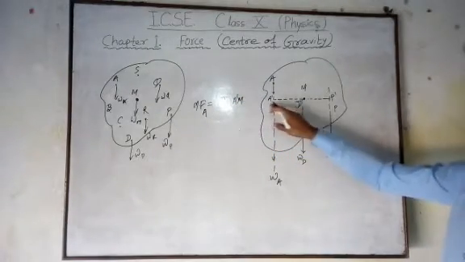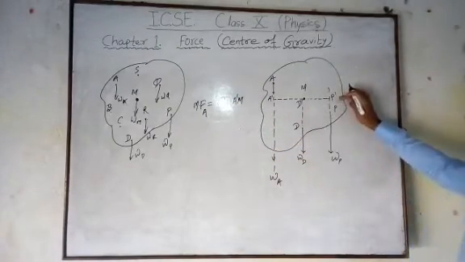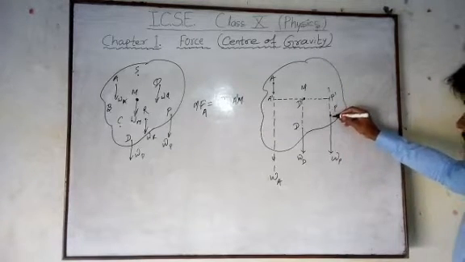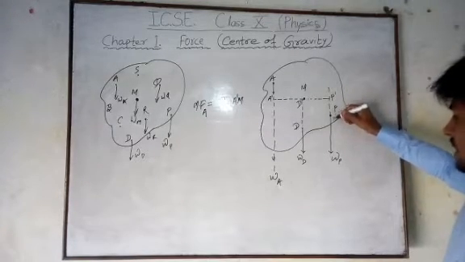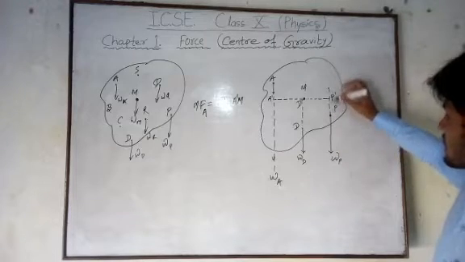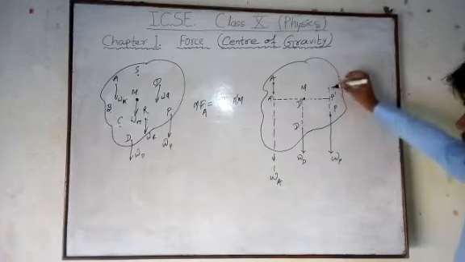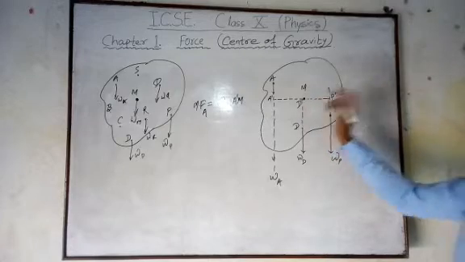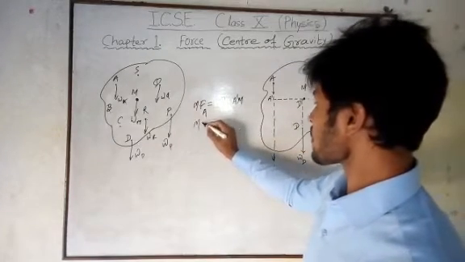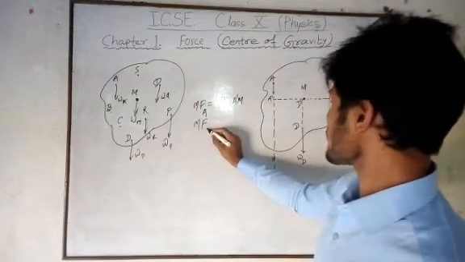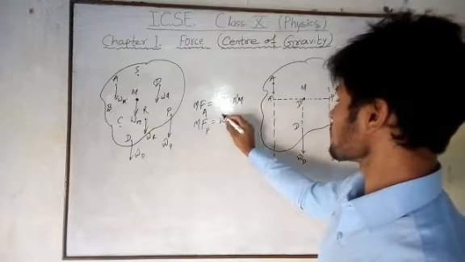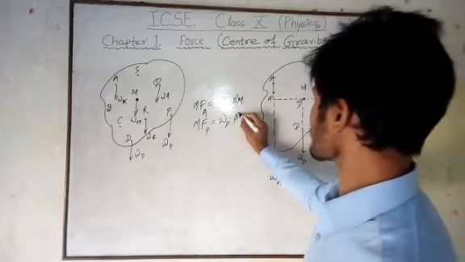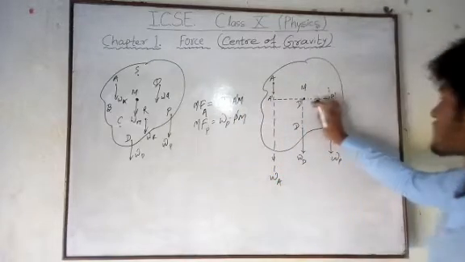Similarly, the point P has its weight WP, and the line of action is like that. The perpendicular distance is P dash M. So the moment of force at the point P is equal to the weight of P into the perpendicular distance P dash M.